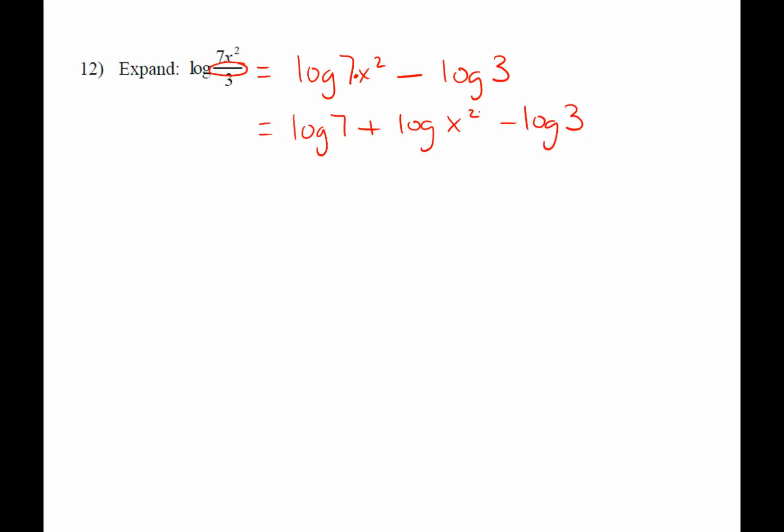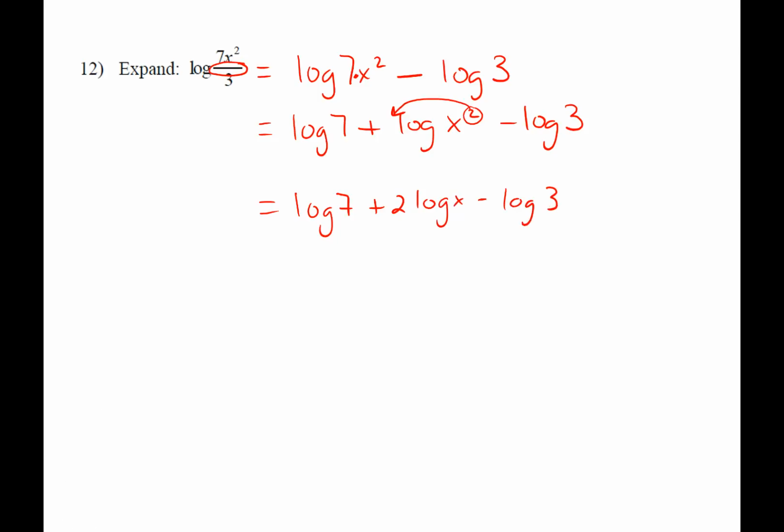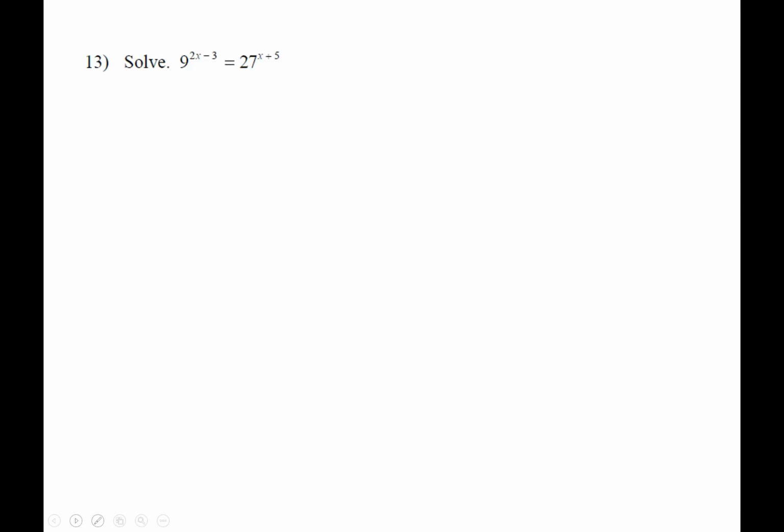And then we get to put the power in front of the log. And we have log 7 plus 2 log x minus log 3, and that's our answer.